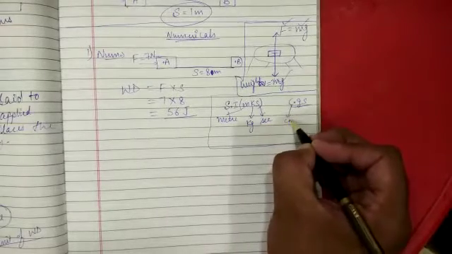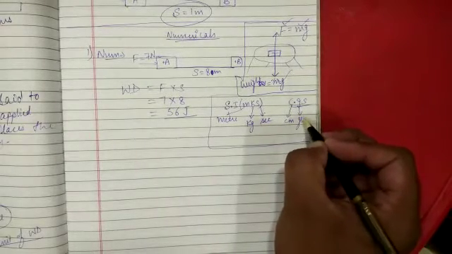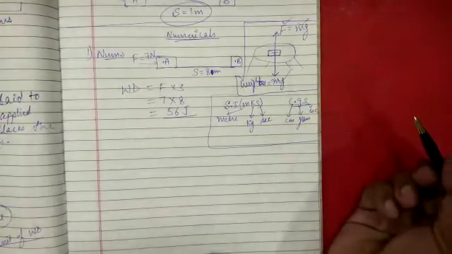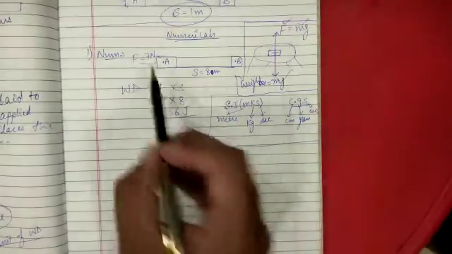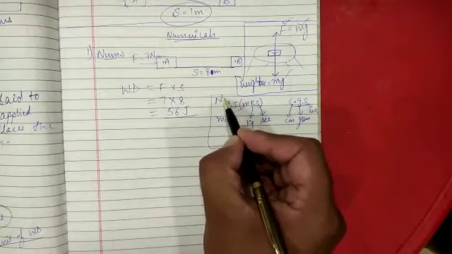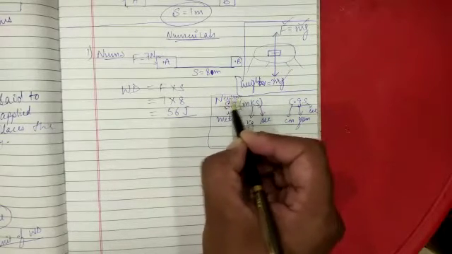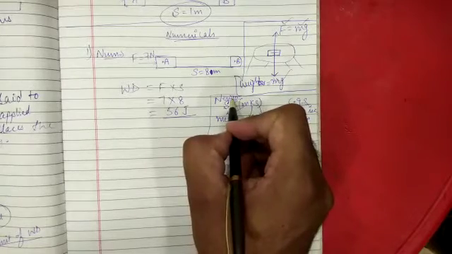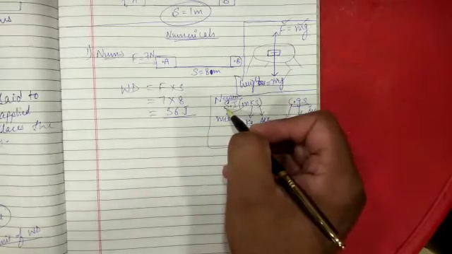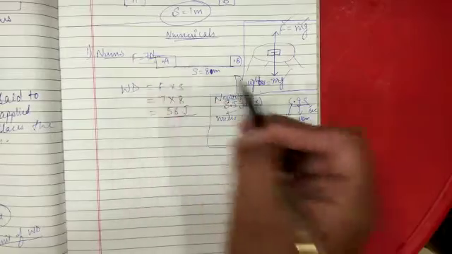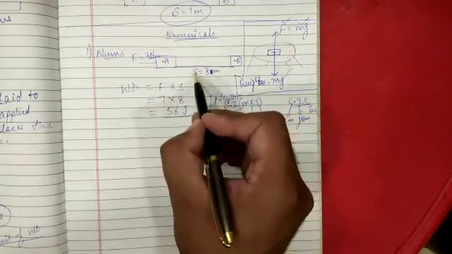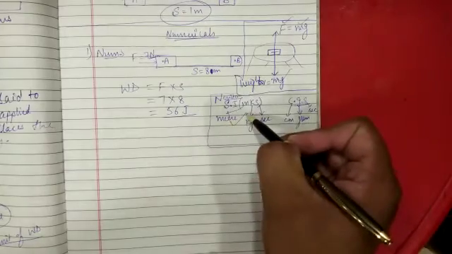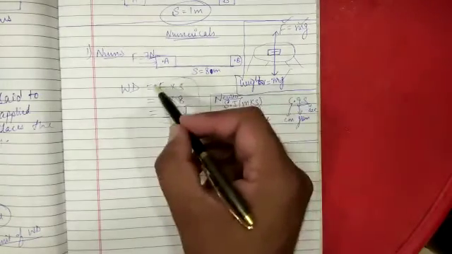In CGS, it should be centimeter, gram and seconds. Newton is the SI unit of force, so if Newton is given, the displacement must be in meter, which is again given. So that's why I just solved it.